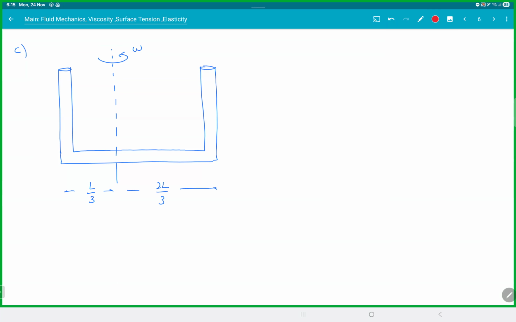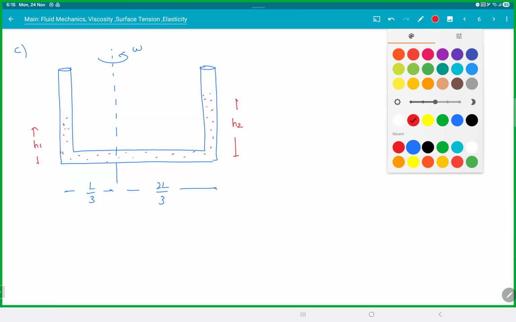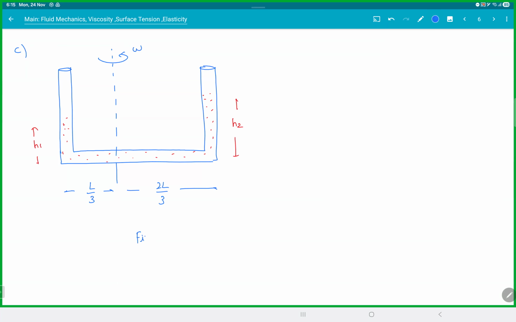So here the liquid levels will be, this will be H2 and this will be H1. Right? Find H2 minus H1. You took a U-shaped tube and you're not rotating about the center, but about L by 3, sir.